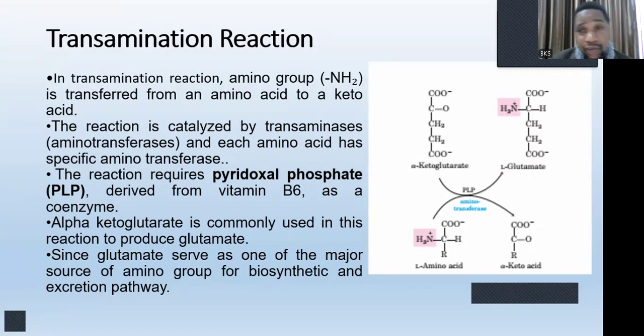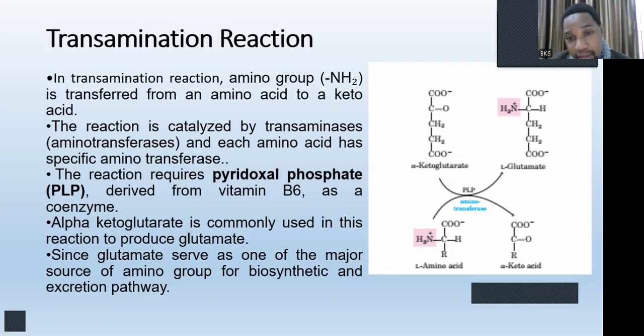In the transamination reaction, it's just an amino group transfer. The amino group is transferred from one amino acid to a keto acid. So the amino acid from which the amino group is removed forms a keto acid.